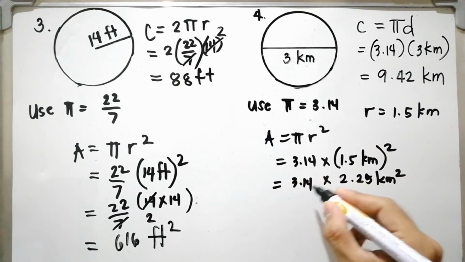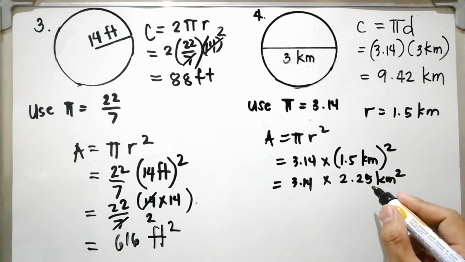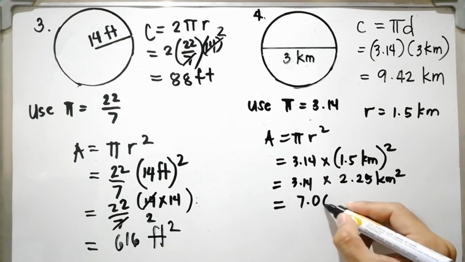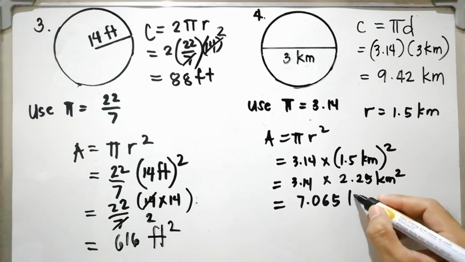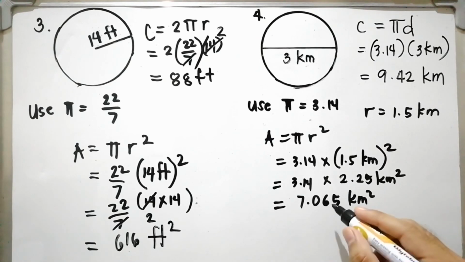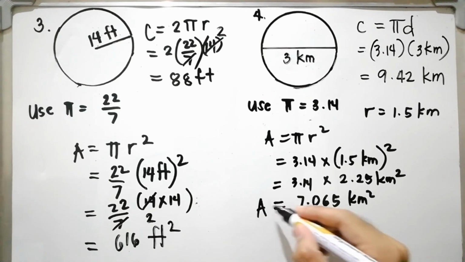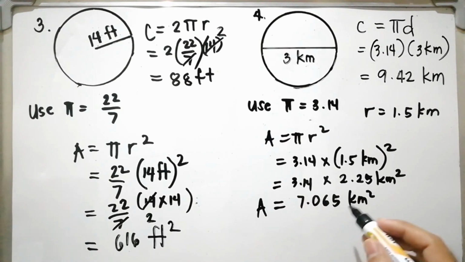So 3.14 times 2.25 is equivalent to 7.065 square kilometers, or approximately 7.07. So the area is 7.065 square kilometers. So that's it.